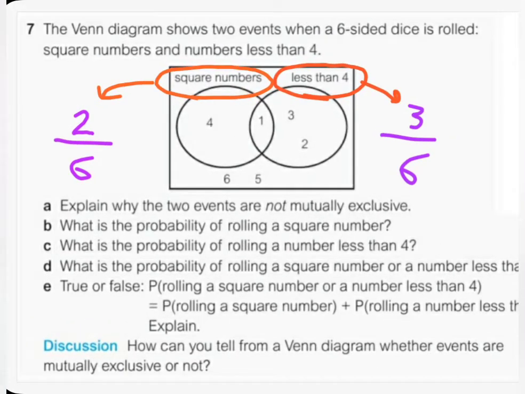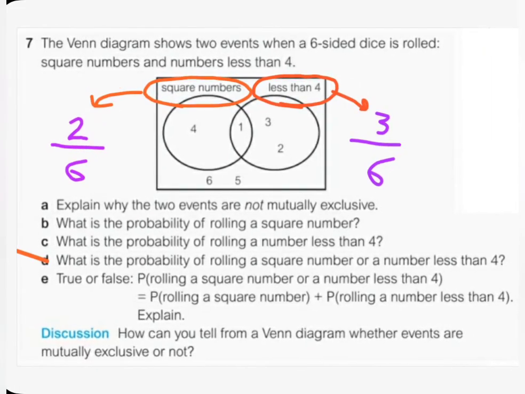what is the probability of rolling a square number or a number less than 4? Now, first, how many square numbers do I have? We have 1, 2 square numbers. And how many numbers are less than 4?